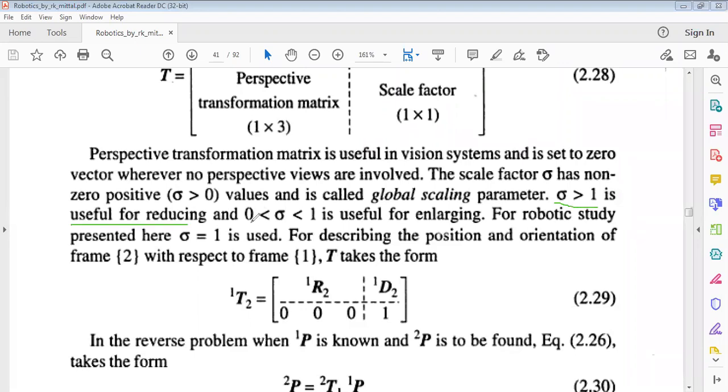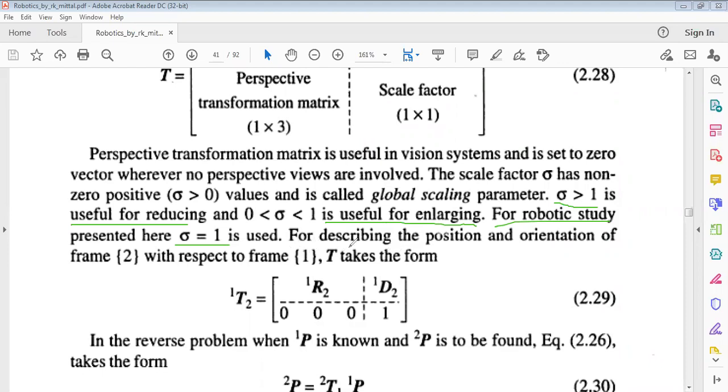Sigma between 0 and 1 is useful for enlarging. For robotic study, we always take sigma as 1. Forget about reducing and enlarging, those are not necessary in this robotic study.